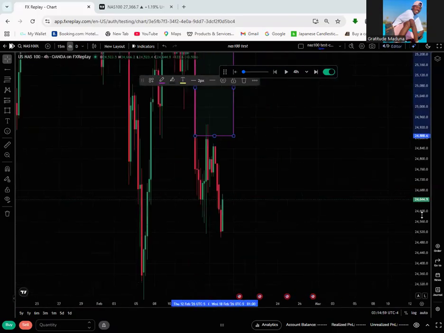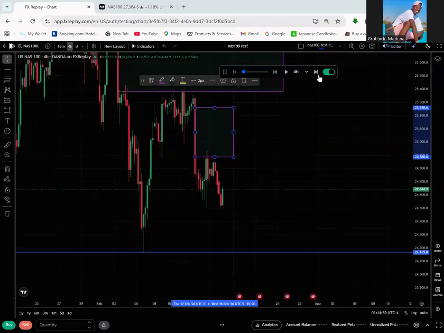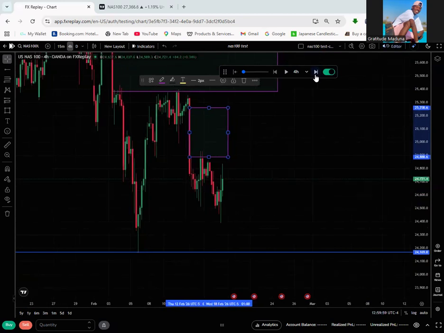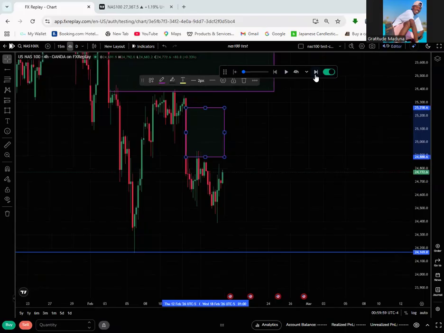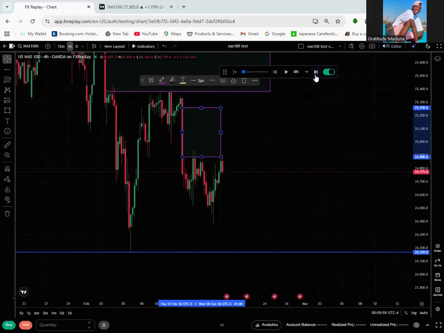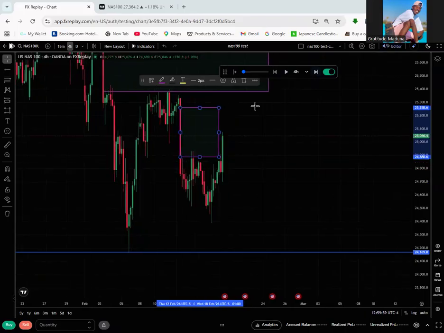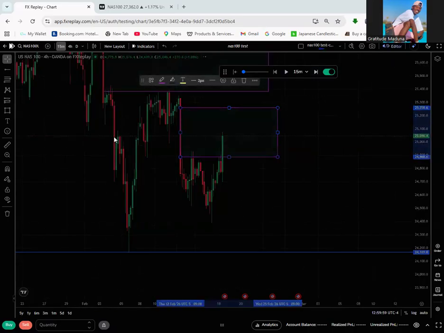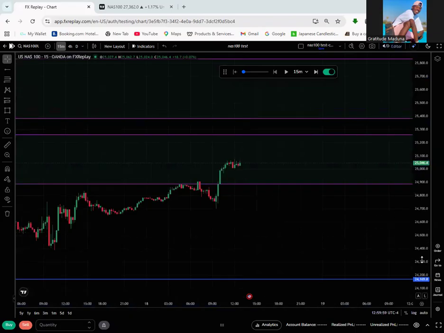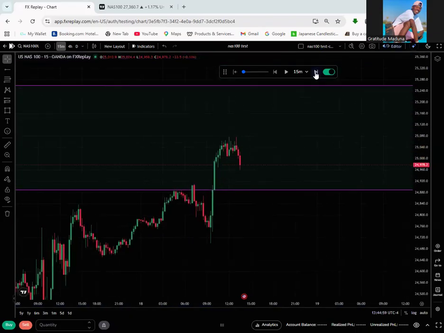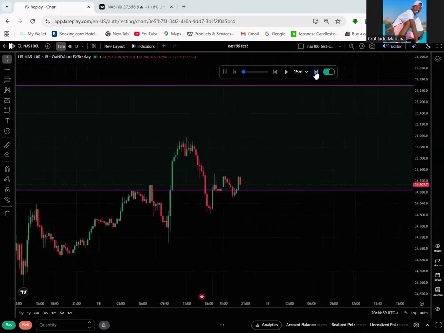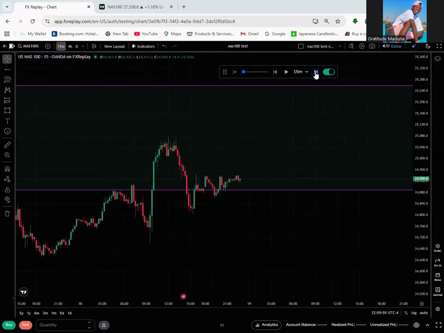We'll see how it would behave inside it. And like I said, sometimes it takes days for it to come into your specific zones and stuff like that.